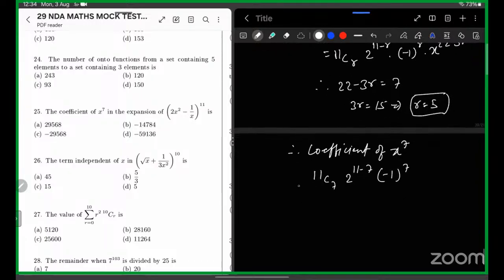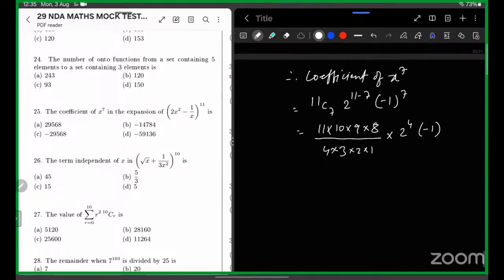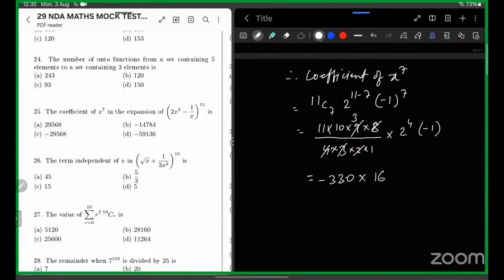Okay, solve it. 11C5 can be written as 11 into 10 into 9 into 8 into 7 upon 5 4 3 2 1. With 3 I can cut it like this. So I'm going to get 462, and 2 raised to power 6, which is equal to 64, with minus sign is also there.